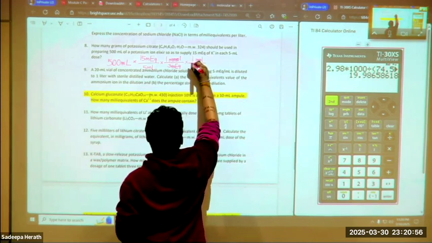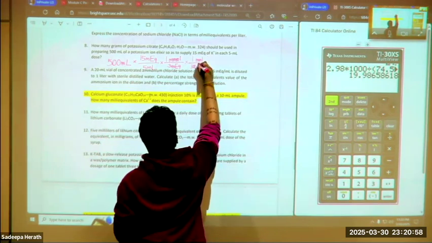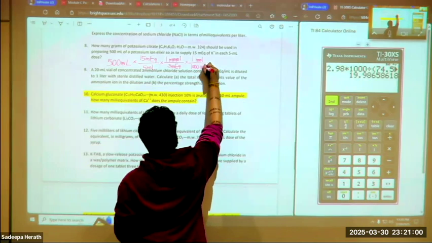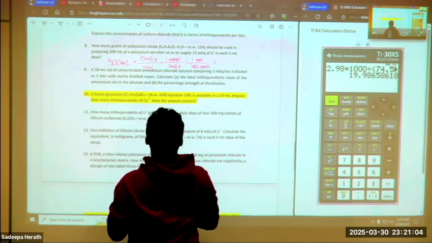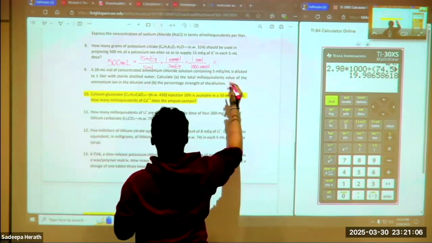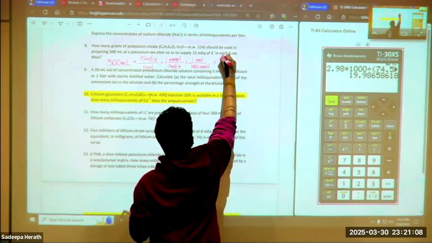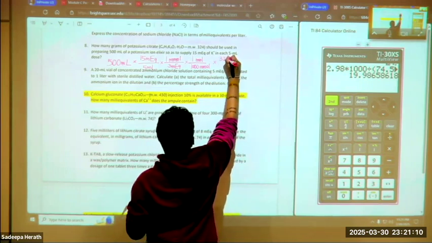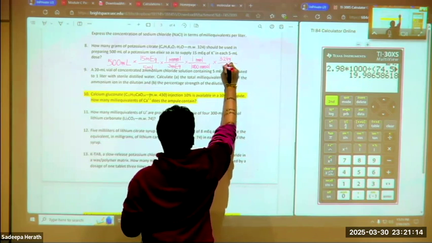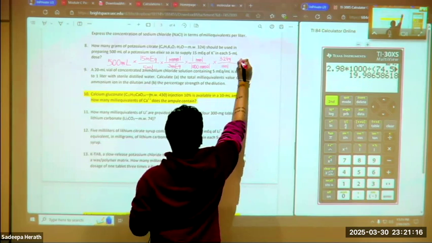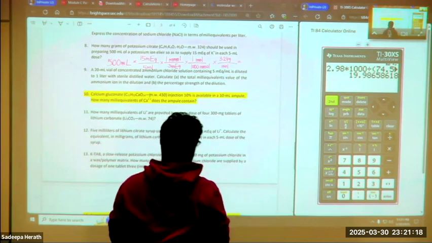So for every mole, there are 1,000 millimoles. And then for moles, we can go to grams. They give us our molecular weight, 324 grams per mole. Cool.